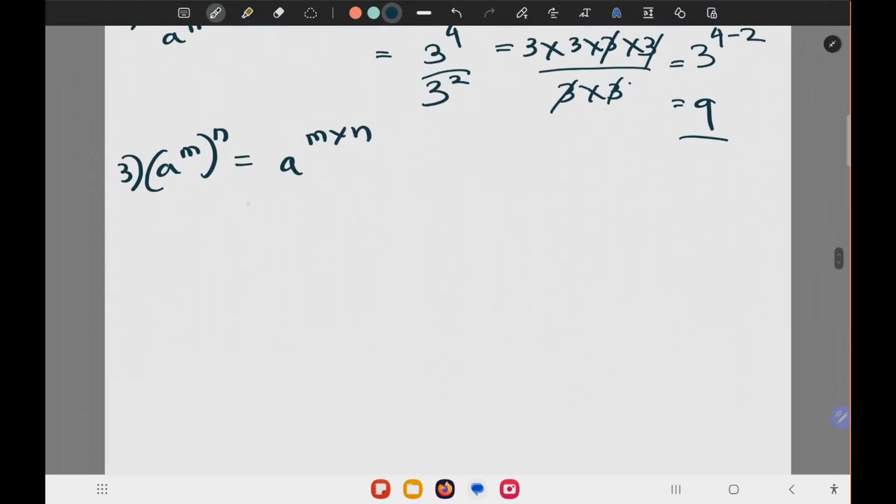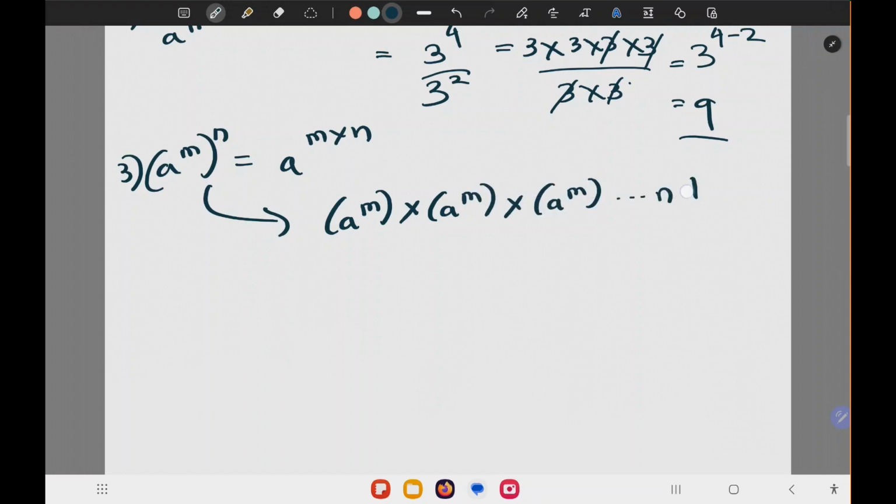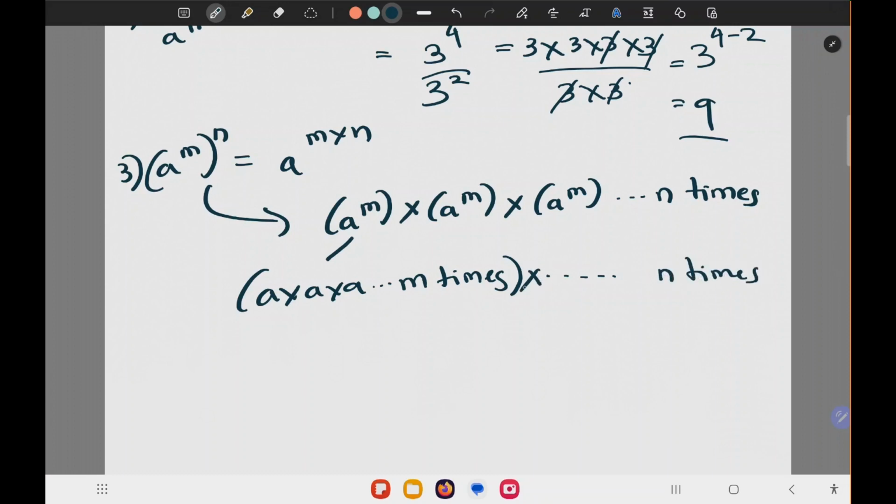Let's say this is basically a to the power m multiplied by a to the power m multiplied by a to the power m, n times, right? And each of these has got a times a, and this is m times, and then this is n times multiplied together.